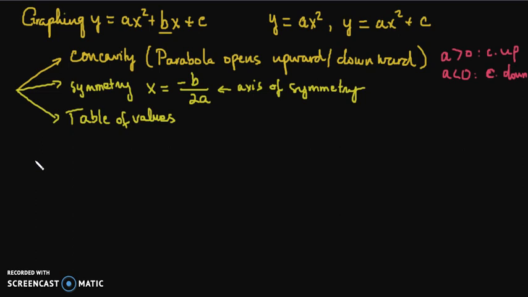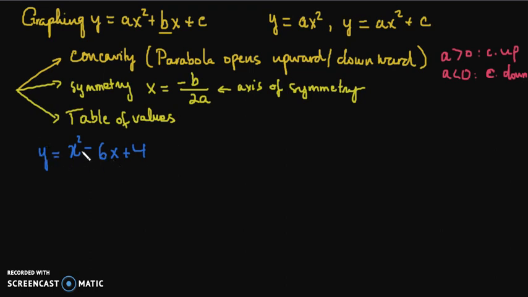So suppose that I have the function y equal to x squared minus 6x plus 4. The most important thing is that you have to identify the coefficients correctly.